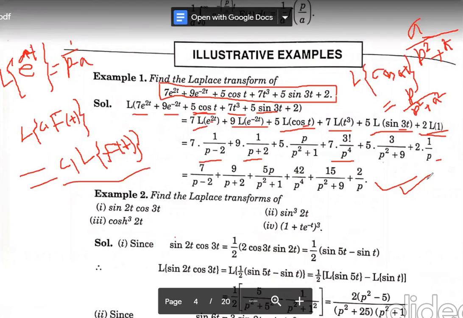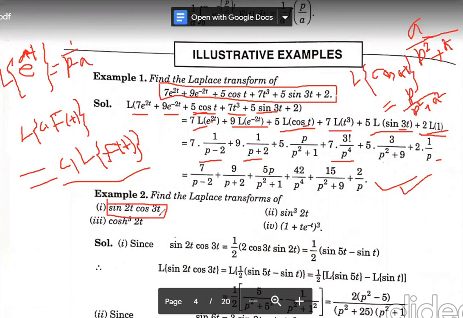So just to see example 9, it is sine of twice t into cos of thrice t. Sine of 2t into cos of 3t. So now see, it is sine t into cos t, so it is in terms of product.